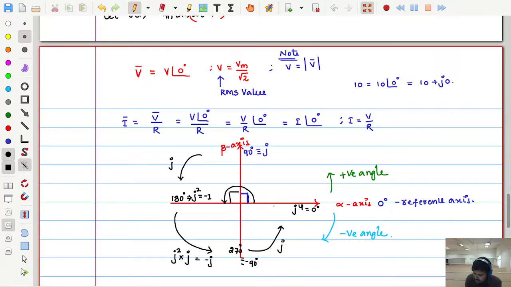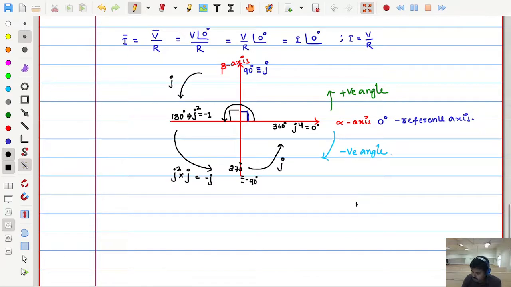Means we reached the 360 degrees position, which is equal to 0. 1J is equal to 1 at an angle of 90.